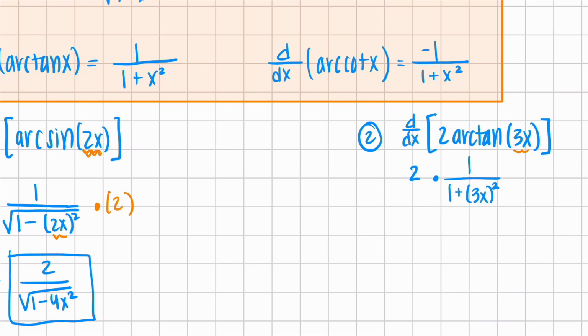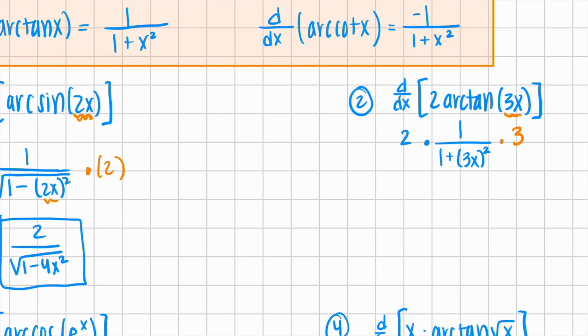Same thing as the previous example. Because I have a 3x inside my arctangent, I need to do chain rule for the 3x. So the derivative of 3x is 3. Simplify. 2 times 3 is 6, all over 1 plus 3x squared, which is 9x squared. And there's my derivative.